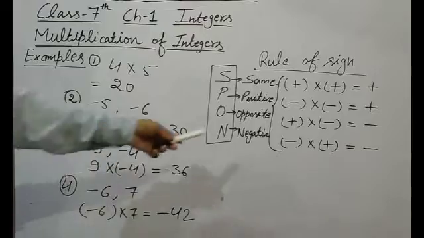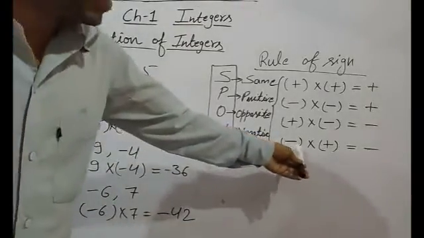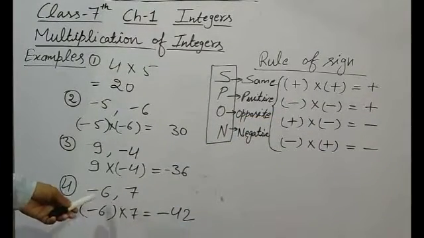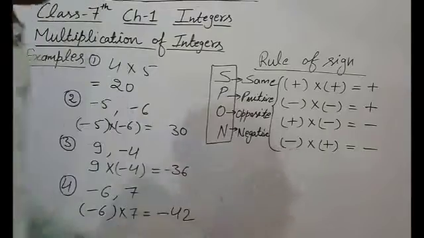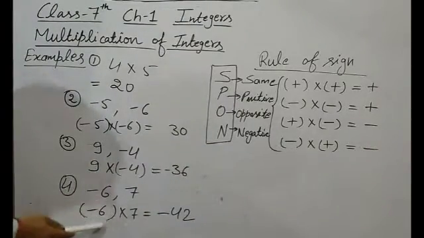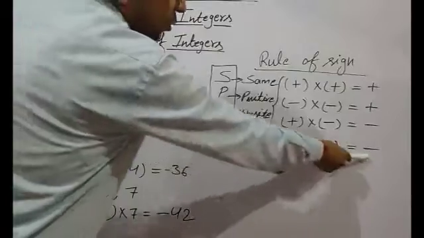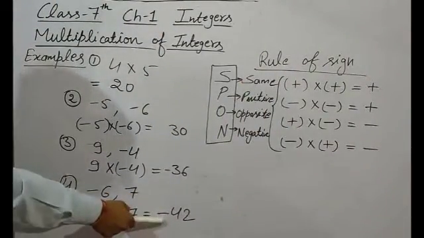Next we take the fourth example, one negative integer and one positive integer. Here we take minus 6 and 7. After multiply we get 42 with minus, because minus multiply plus is equal to minus. So 6 times 7 is 42 and the sign is minus.